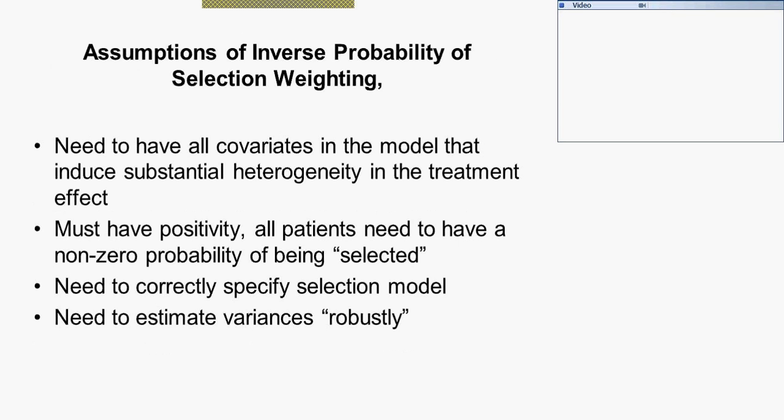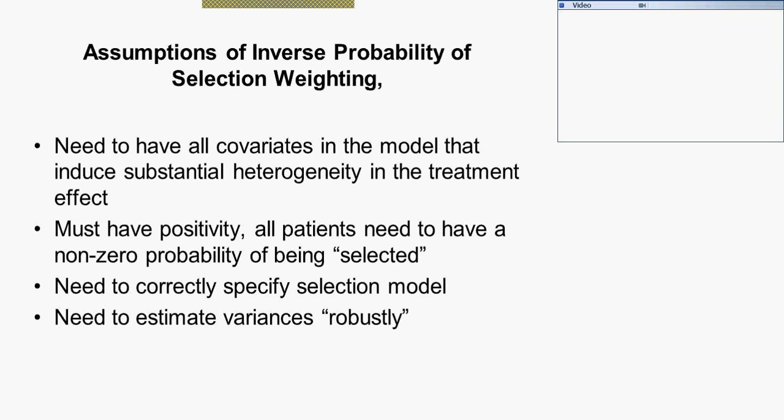Some of the assumptions that we need to make: we need to have essentially all covariates in the model that induce significant heterogeneity in our treatment effect estimate. It's sufficient, in fact, to have all covariates in the model that are related to the outcome and the probability of selection, but that's a stronger assumption. We also need a positivity assumption.